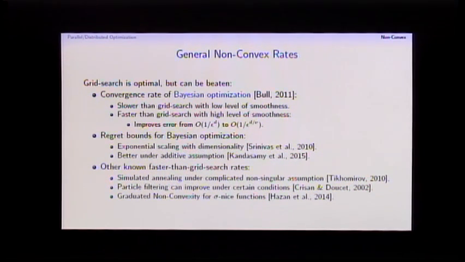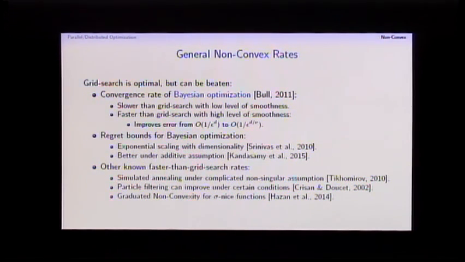Now, if you do a lot of Googling about non-convex stuff, I spent many days trying to find every non-convex convergence rate result possible, and I believe these two papers say something about convergence rates. I actually know Arnaud Doucet very well, so I need to ask him next time. Particle filtering is also called sequential Monte Carlo or sequential importance sampling.